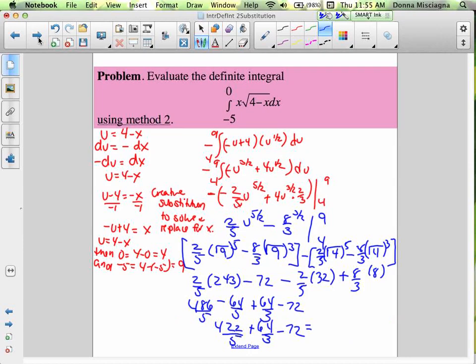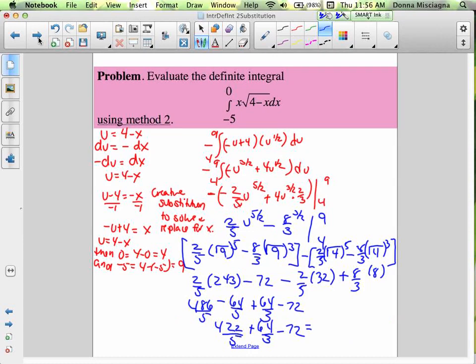Add up these numbers real quick, the numbers that are right there. 422 plus 64 minus 72. I'm going to have to watch the podcast. I don't see a sign error here. So the top is 558. So what is this when we add this up?